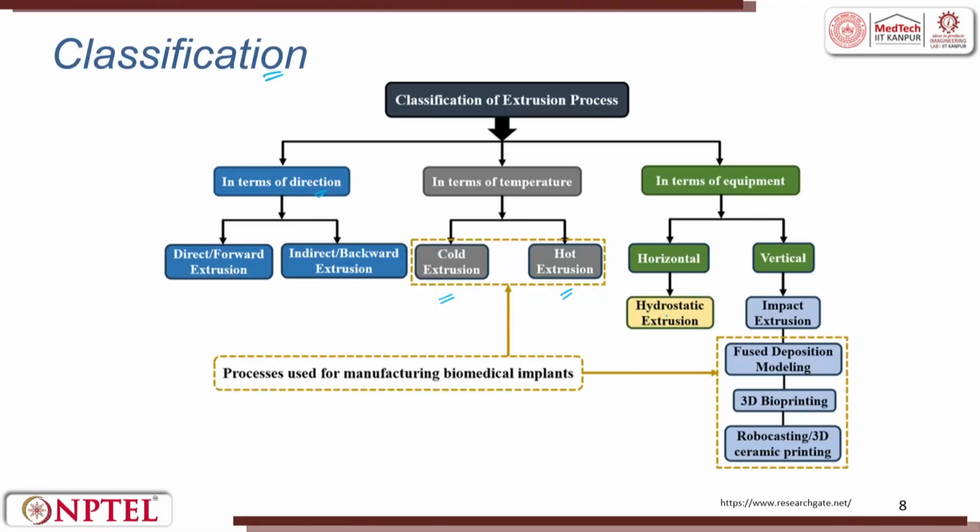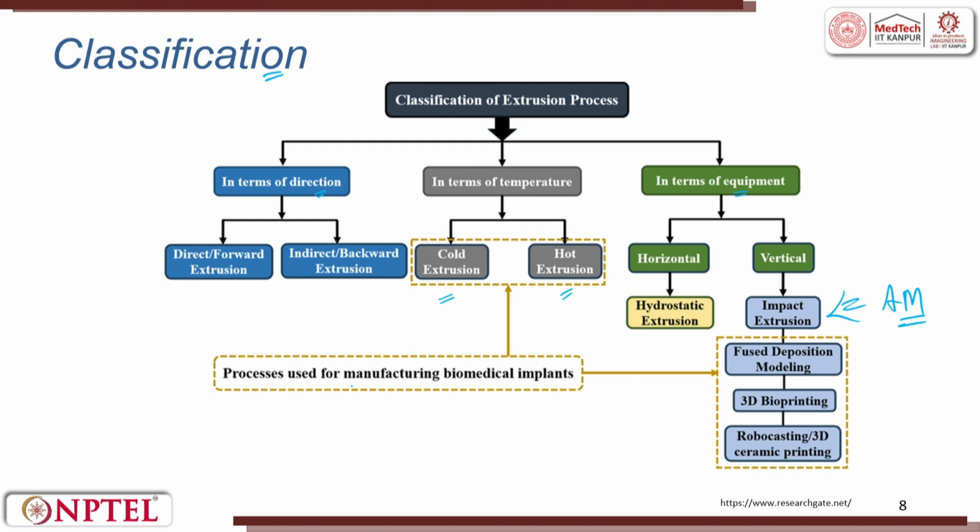When you go horizontal, you have hydrostatic extrusion. When we have it in vertical, we have impact extrusion. Examples of impact extrusion include fused deposition modeling, 3D bioprinting, robocasting, and 3D ceramic printing. These are all additive manufacturing techniques, wherein here also we try to use the extrusion process.